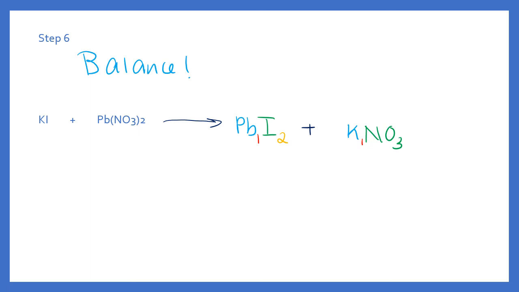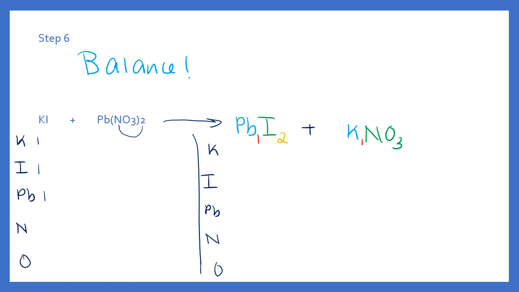All right, cool. So now let's balance. So I have K, I, Pb, N, and O. K, I, Pb, nitrogen, and oxygen. All right. K is 1, iodine is 1, lead is 1, nitrogen is 2, oxygen is 6.